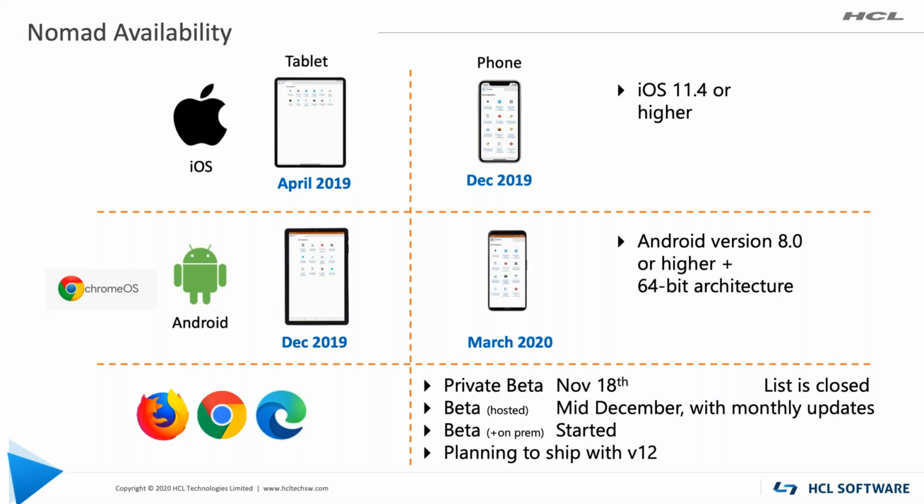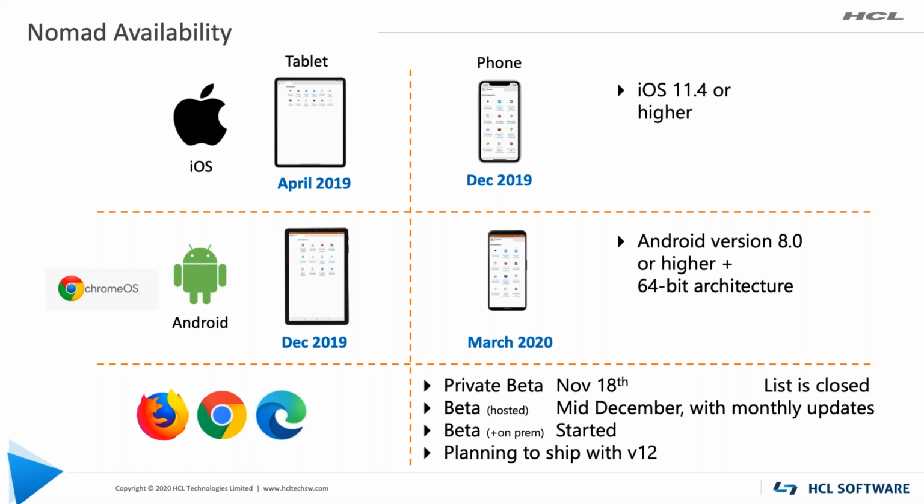We have started an on-prem beta just a couple of weeks ago. So customers out there who have signed up for the beta should have received an invitation to join the Nomad Web beta. So that's another interesting journey that we are starting here. Stay tuned for more. There's a lot more to come in this area.